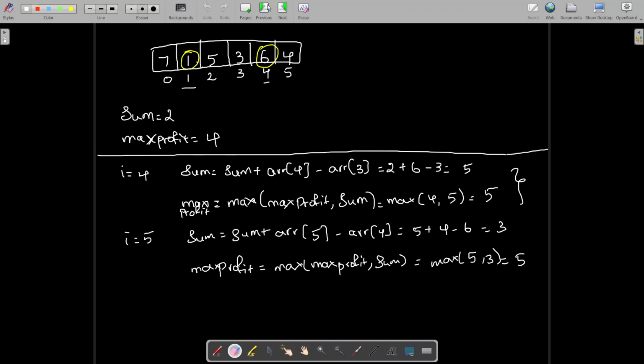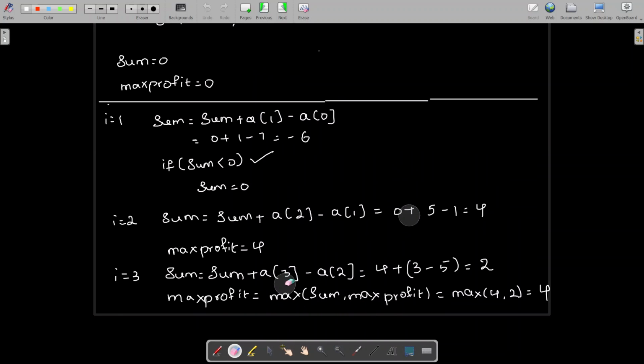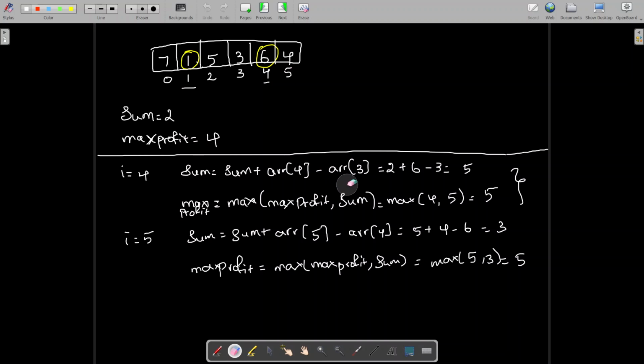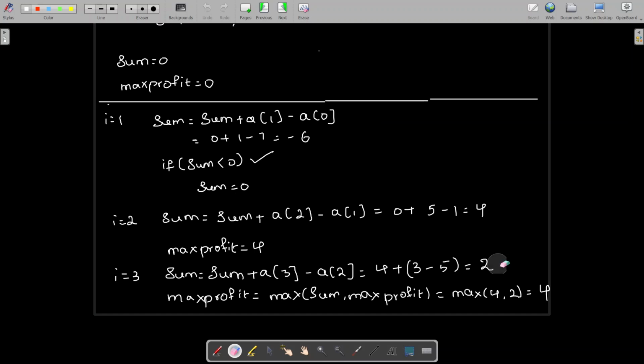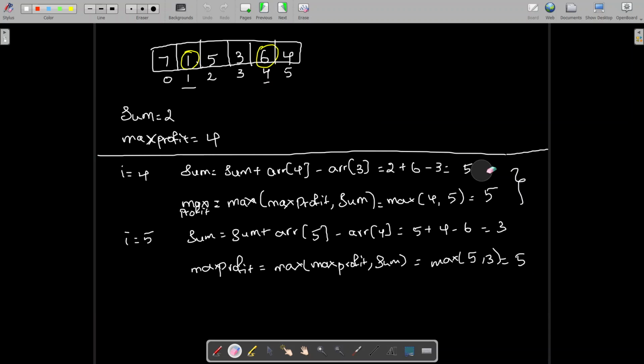Here 3 is removed on the 4th day, and previously 5 was removed at index 3. In that way we get 6 minus 1, a profit of 5, so the maximum profit is updated. Previously it was 4, now it is 5.